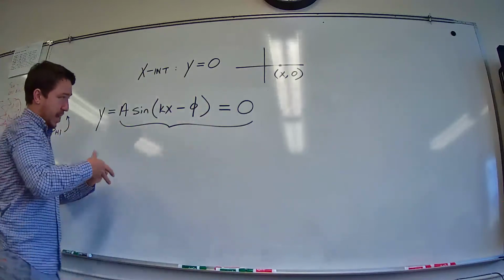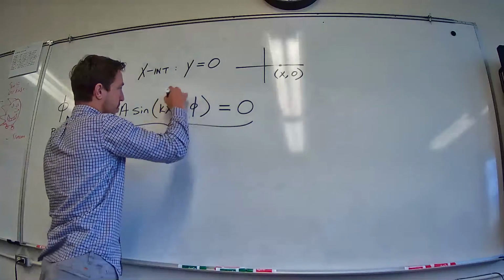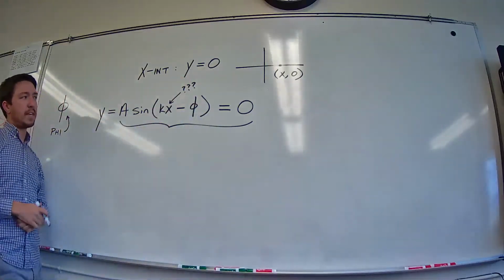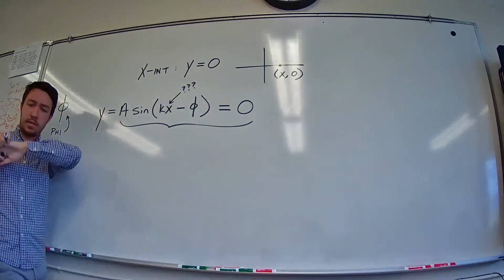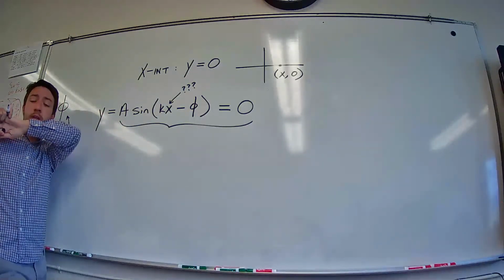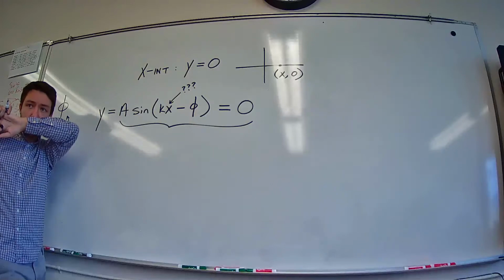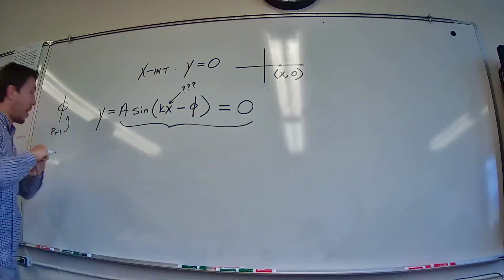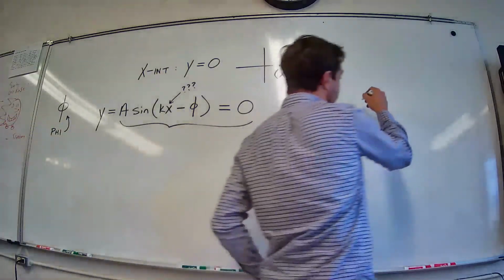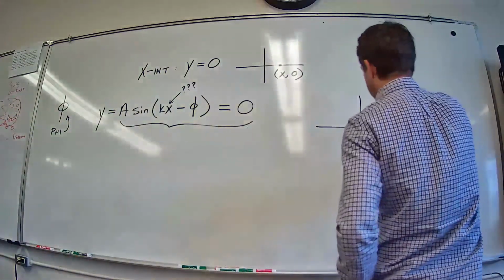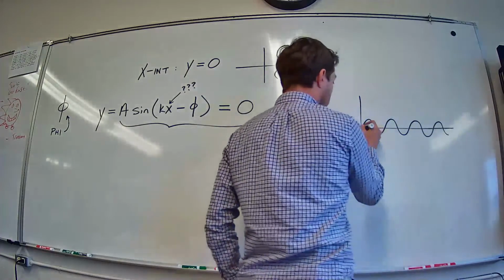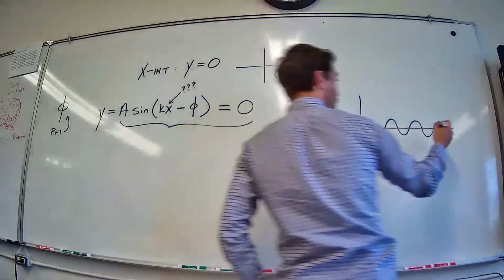Okay, so we're solving for this guy. The big question is, what does x have to be to make this true? Here's another question. How many x values are going to do it? Infinite? An infinite amount. Right? Because look at a sine function. What do sine functions do? They go on infinitely.